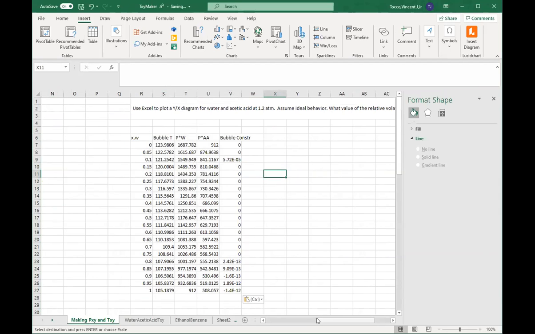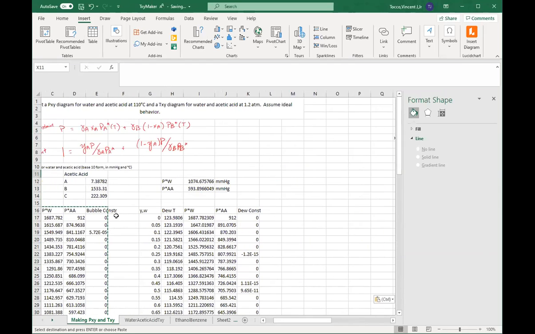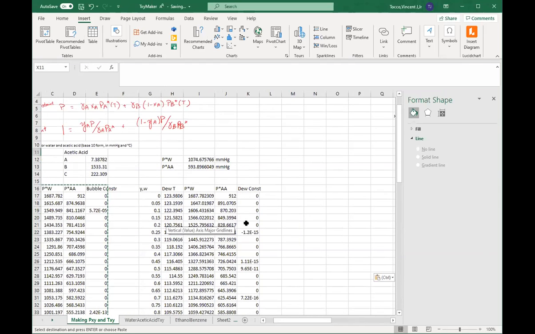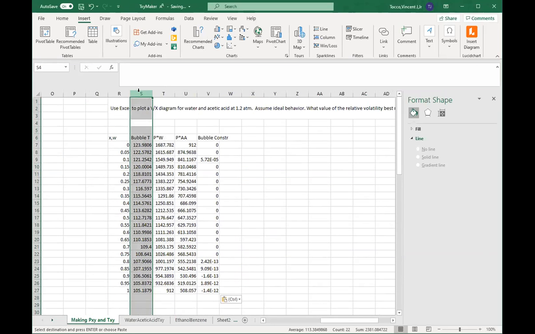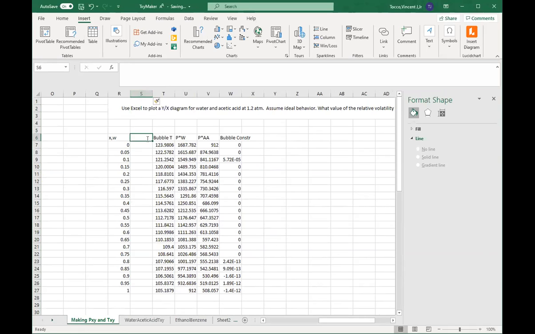And what I need to do here is calculate the vapor phase composition that corresponds to my X. This is actually another way that you can plot the TXY diagram without having to calculate what this dew constraint is. So I'm going to add a column here, and this is going to be my vapor phase composition of water. In this column, all I'm going to do is simply solve Raoult's law given all the other information.